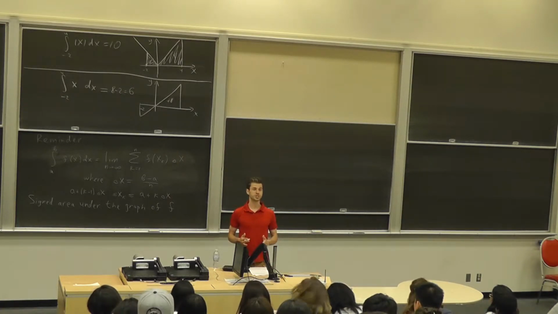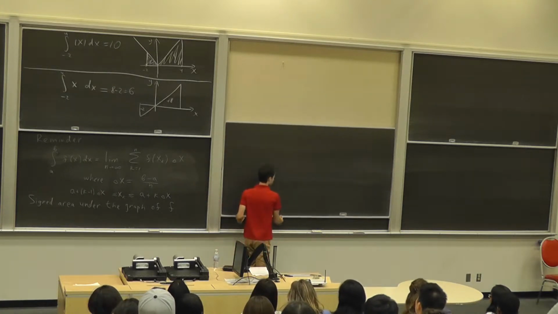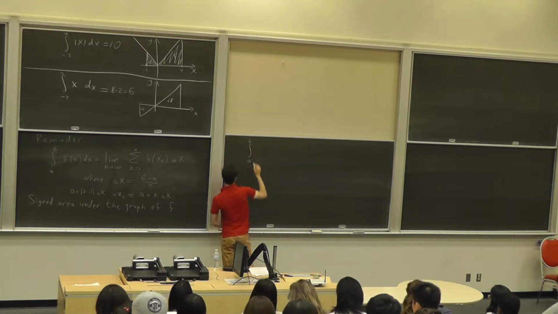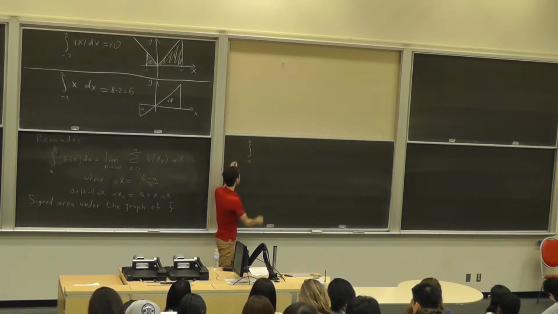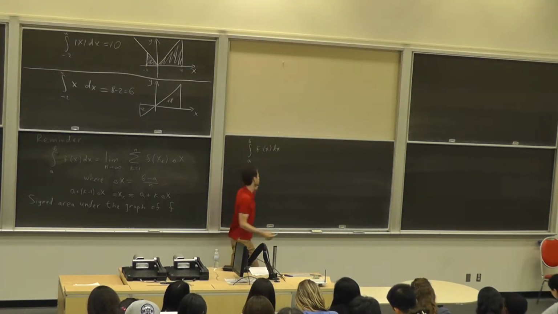And last time we started discussing properties of this procedure of integration. Property 1: if you want to evaluate the integral from a to b, you can do it in two steps.